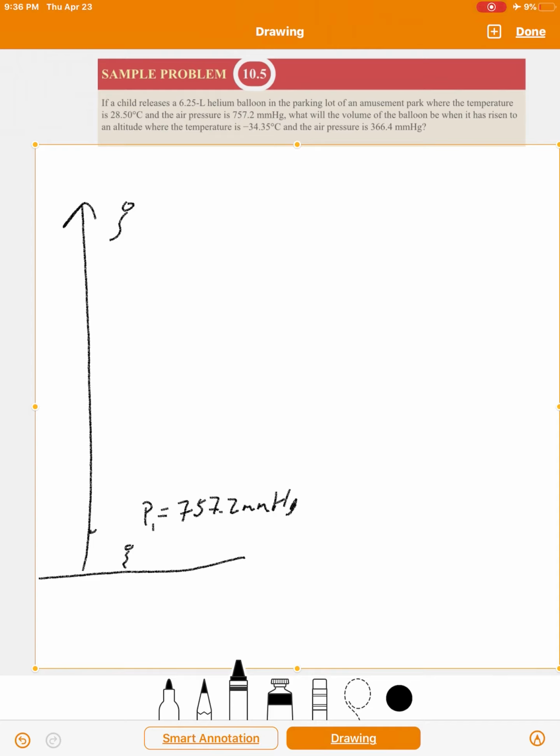And the temperature is 28.50 degrees Celsius. Of course, this is a gas, right? So we're going to add 273.15.